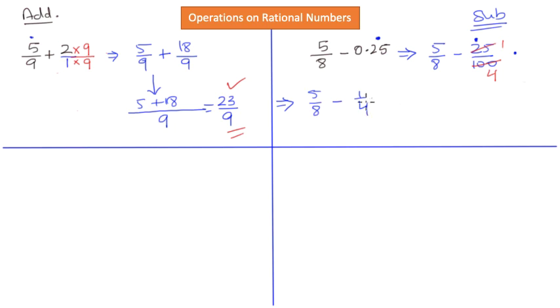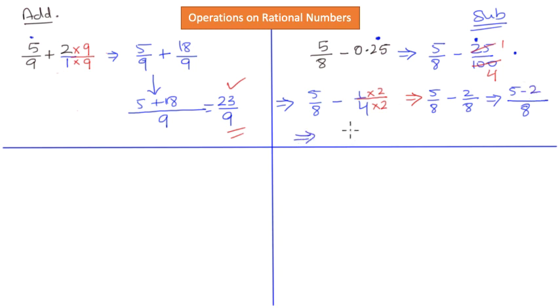What I can do is convert that into a common base. All I'm going to do is multiply both numerator and denominator with 2 so that 4 times 2 is 8, which is the same base as 5 over 8. Simple enough, right? And this becomes 5 over 8 minus 2 over 8. 8 comes in the denominator from the subtraction and numerators will get subtracted.